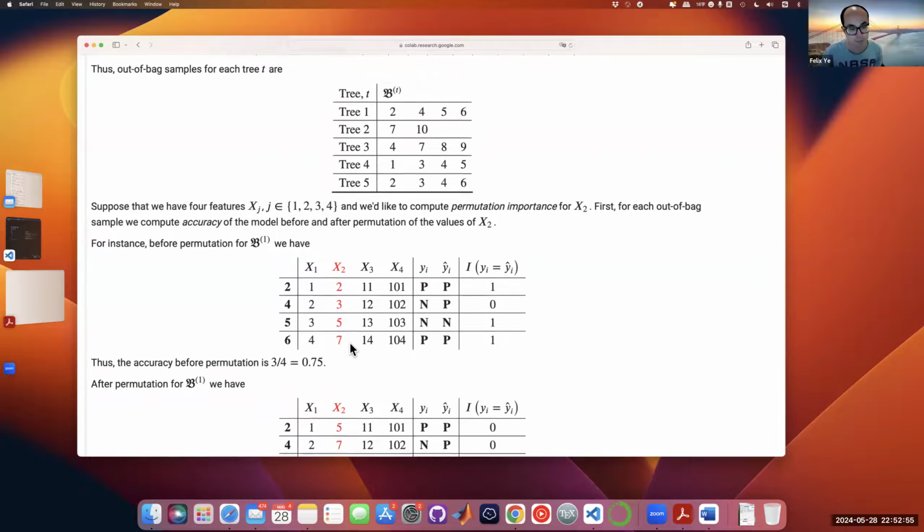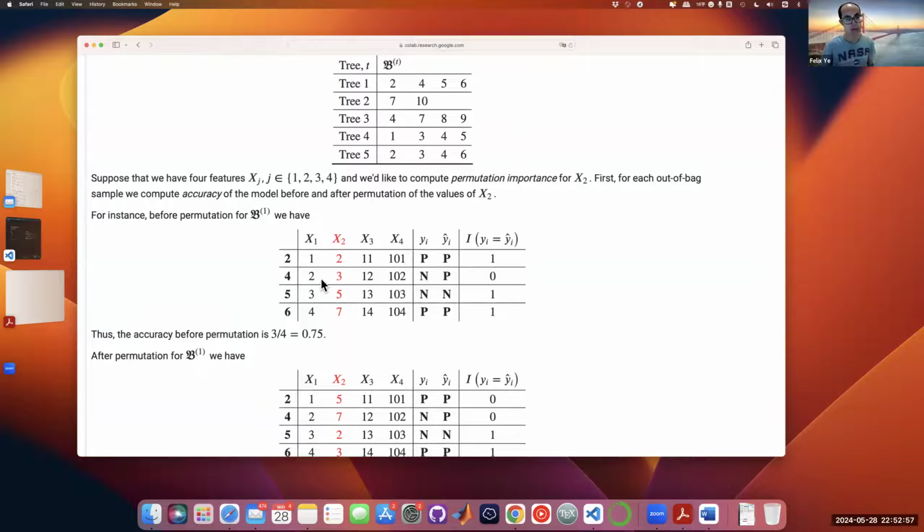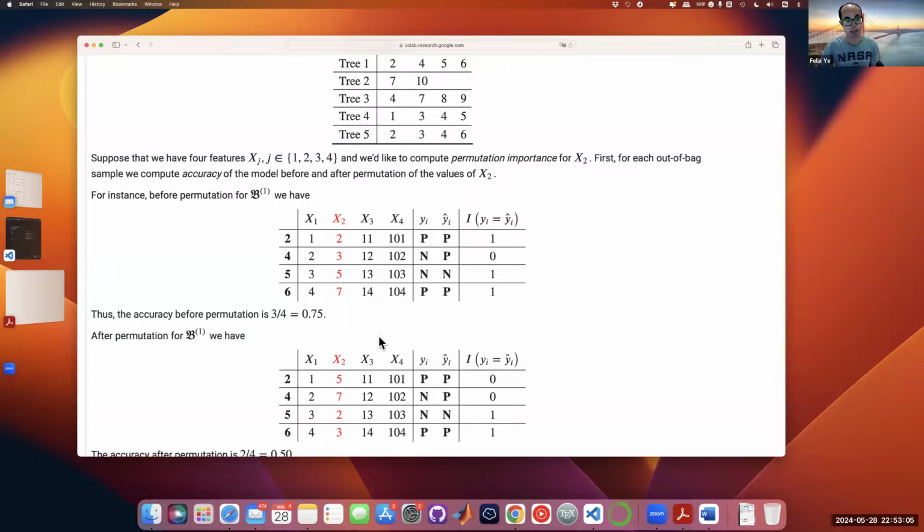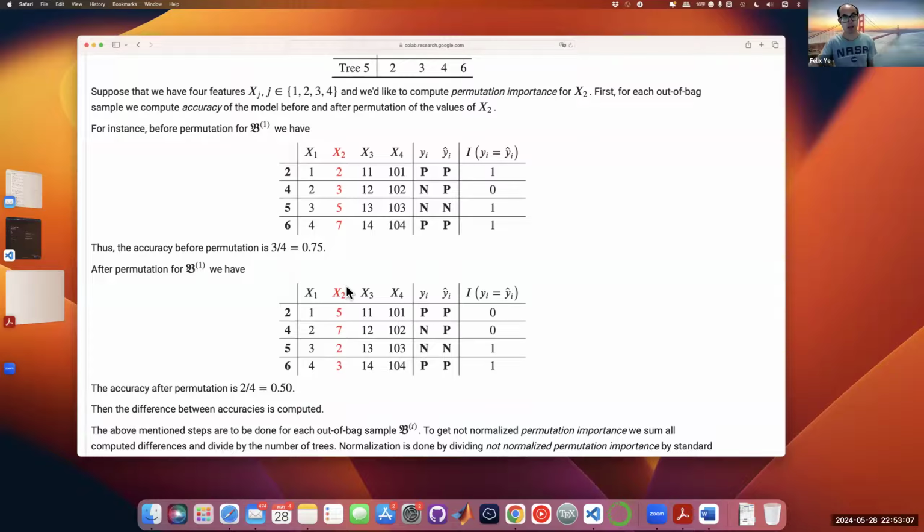Before the permutation, we have 2, 3, 5, 7 for those 4 out-of-bag instances. After the permutation, it becomes 5, 7, 2, 3. We basically reshuffle that, and then there will be no correspondence between X2 and the out-of-bag examples.